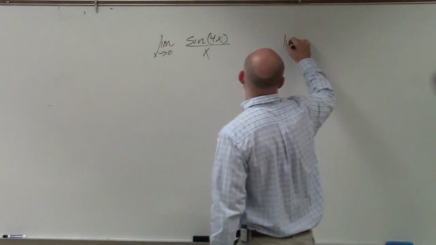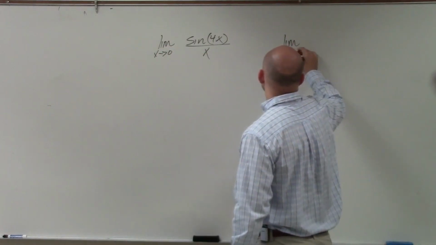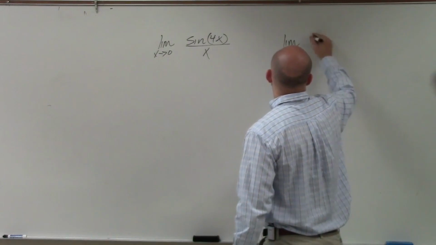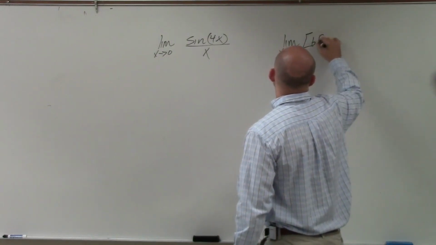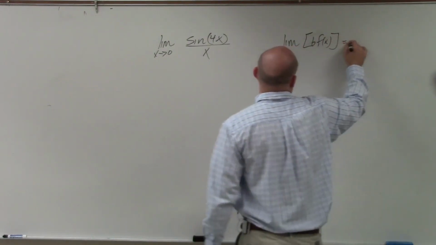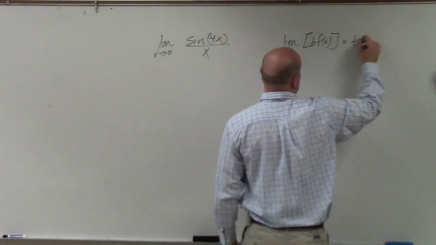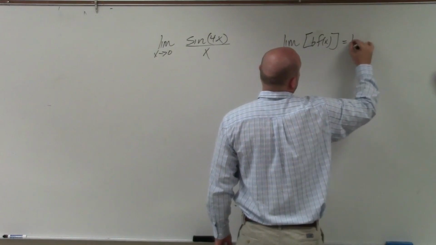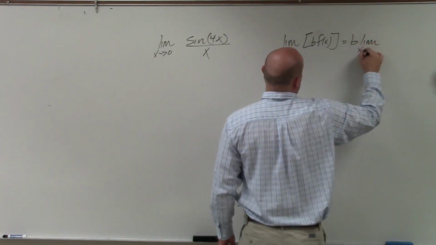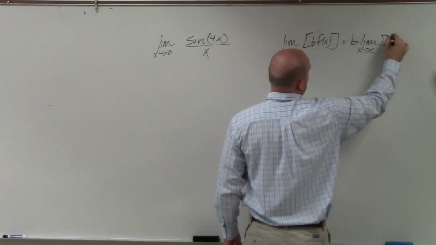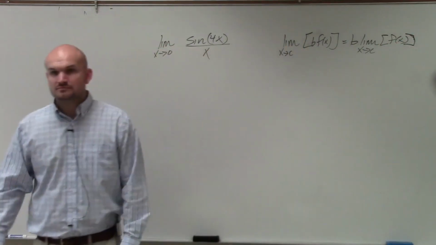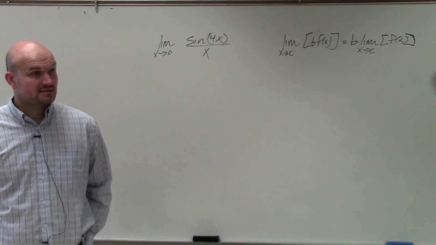Again, we can go back to our limit laws, our limit properties, to help us with this. Remember, our properties of limits says that the limit as x approaches c of b times f of x is the same thing as b times the limit as x approaches c of f of x.